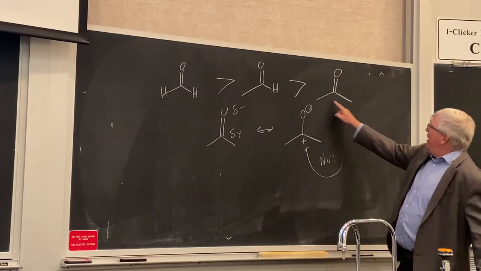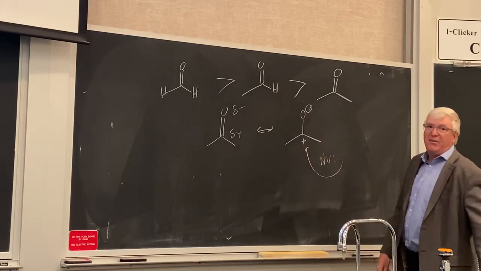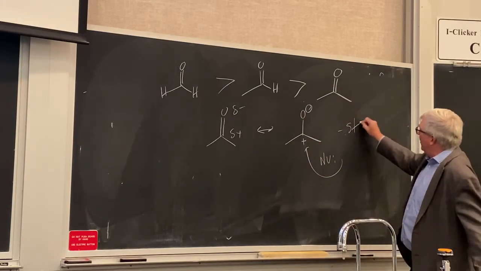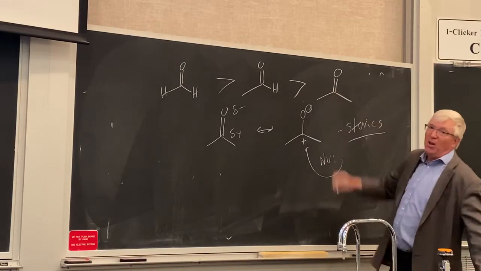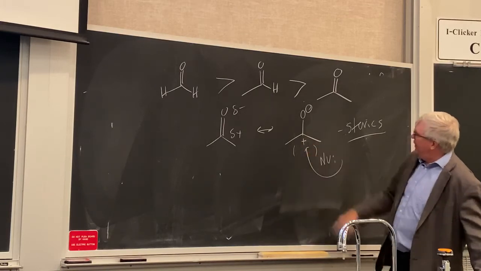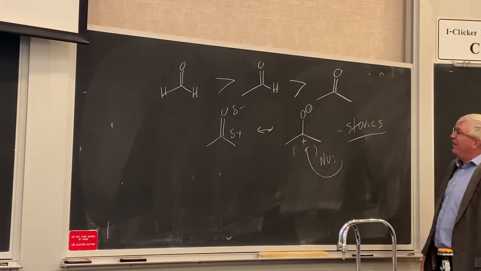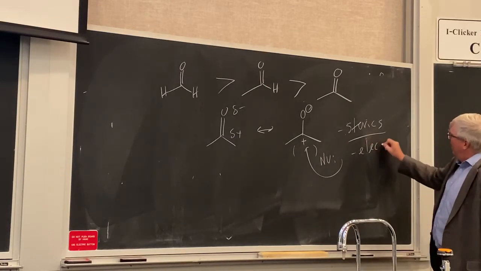Well, if we've got big alkyl groups here and here on a ketone, how does that affect the reactivity? Right, sterics will make it less reactive. And sterics just means the size, the bulk of that material will impede the trajectory of the attack of the nucleophile. There's another factor here, though, electronics.